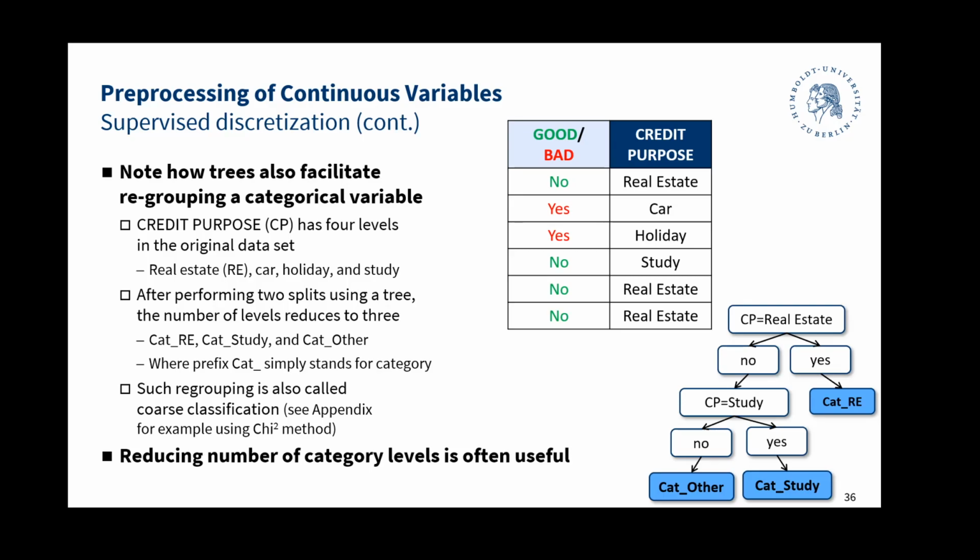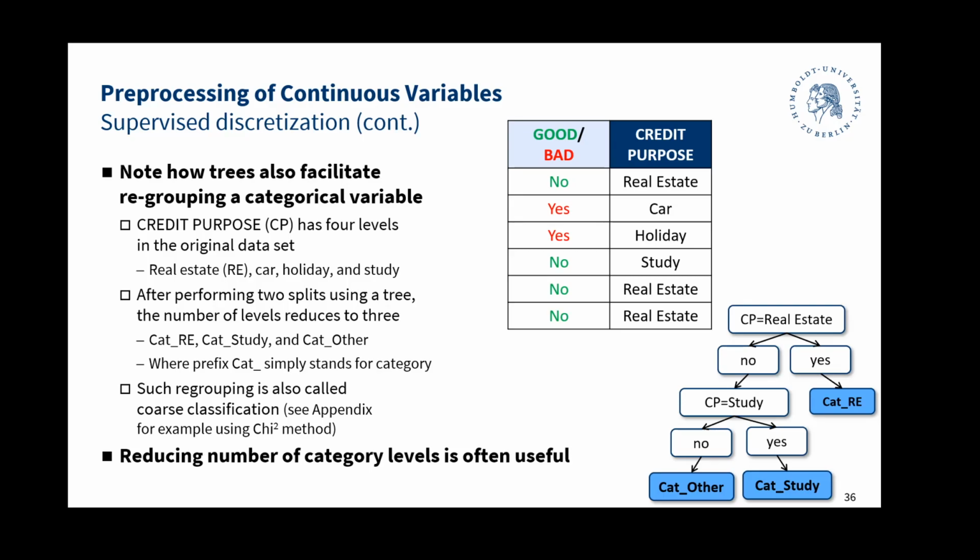Now we could basically examine whether we are able to further reduce the number of levels. From currently real estate, car, holiday, and study, we have 4 levels. Do we need all 4 levels, or can we maybe reduce that somehow? Again, we can try to fit a tree to that data, examine this tree, and then see whether it's possible to merge some category levels.